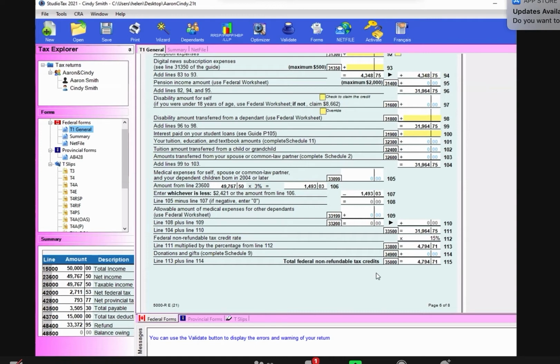So that changes because Cindy's net income is not the same as Aaron's net income. So that credit changes. But for 109, does the credit change? No. The credit is not changed.